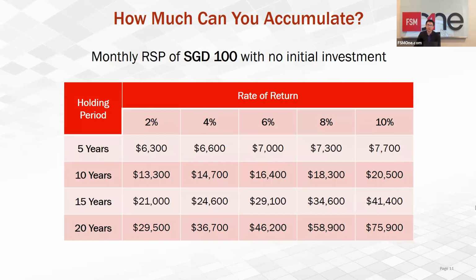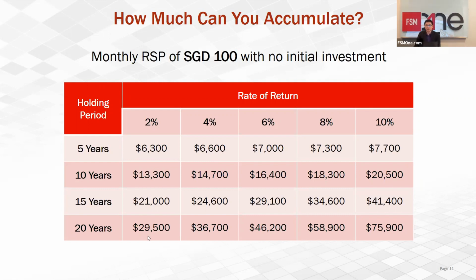So if you take a look at this particular table over here, for investors doing a monthly RSP of just $100 every month, assuming a rate of return of 2%, which means every year you're getting 2% returns, over a span of 20 years this investor can accumulate $29,500 by the end of the 20 years.